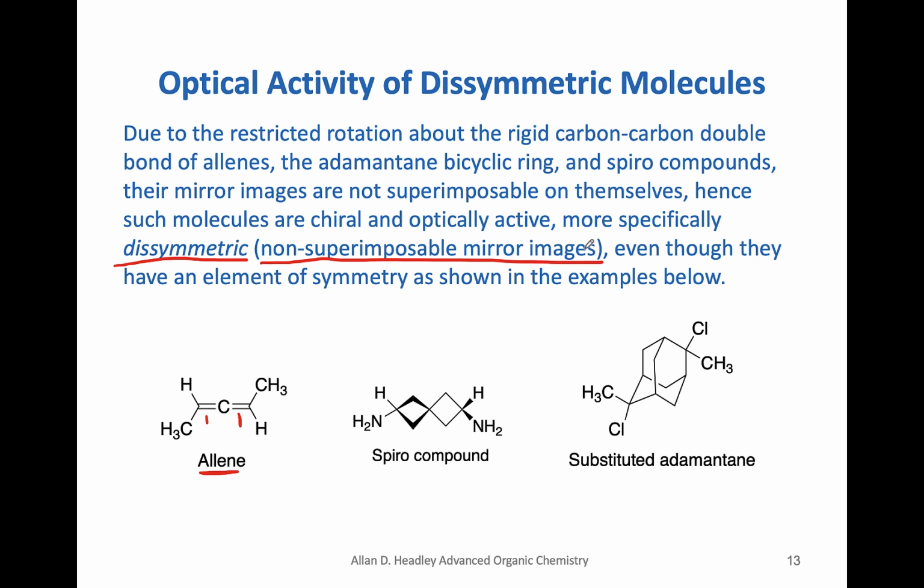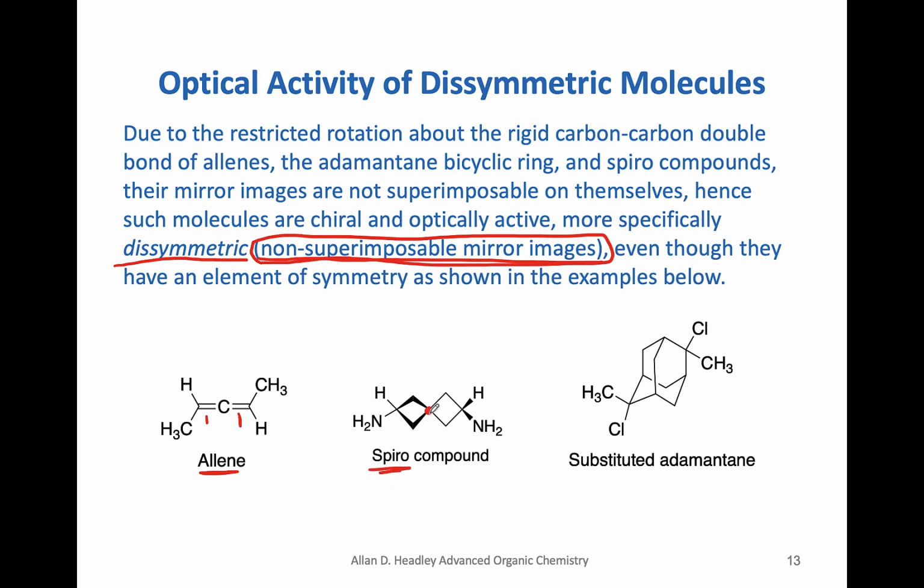So that will determine if they are in fact symmetric or asymmetric. We use the term disymmetric because there's one element of symmetry that you can find here, but the bottom line is their mirror images are non-superimposable on each other.